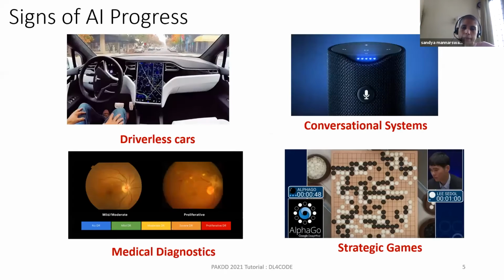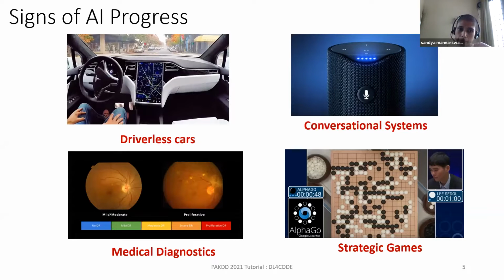So let me just get started, and this is something which is very obvious to most of the audience in this tutorial. The progress in artificial intelligence and deep learning over the past few years has been humongous. We have heard of driverless cars and things like Siri, Cortana, and Google Assistant, where deep learning NLP techniques have been used in conversational systems.